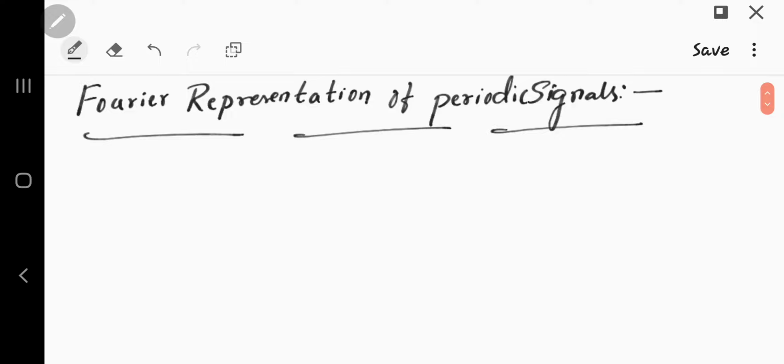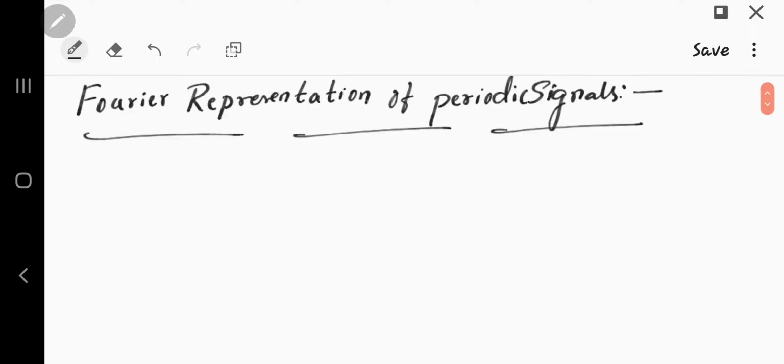If we give this kind of input to a system, then the output of the system will also be a weighted superposition of complex sinusoids. So we have to consider a new approach. This is why we consider the Fourier representation of signals, which deals with complex sinusoids.